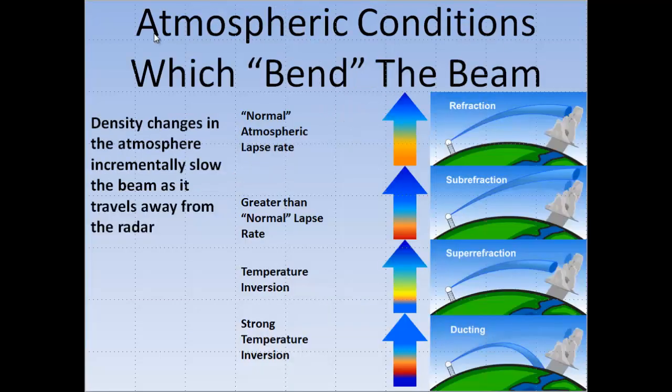Okay, now we're going to get into a little bit of interpretation and some of the things that can affect what you see on radar. One of those things which affects what you see on radar is the current state of the atmosphere. So in a normal atmospheric lapse rate, where you have warm conditions near the surface and gradually cooling conditions aloft, the radar beam will actually refract through the atmosphere at a very predictable rate.